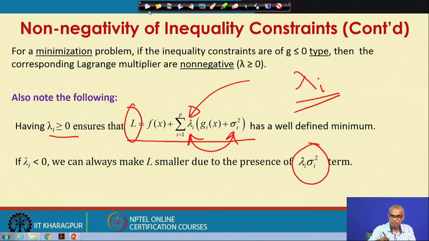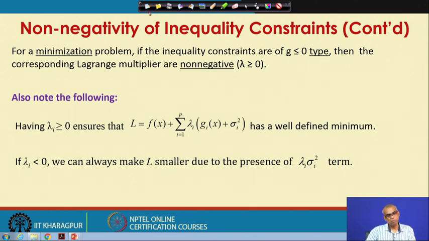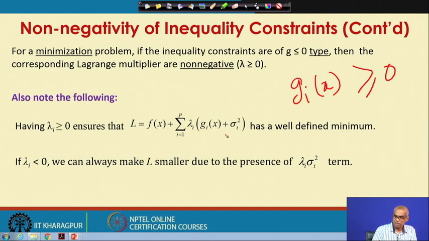Similarly, if you have a minimization problem with g i x greater or equal to 0 type inequality constraints, then note that this will be minus, to make the right hand side 0 here.